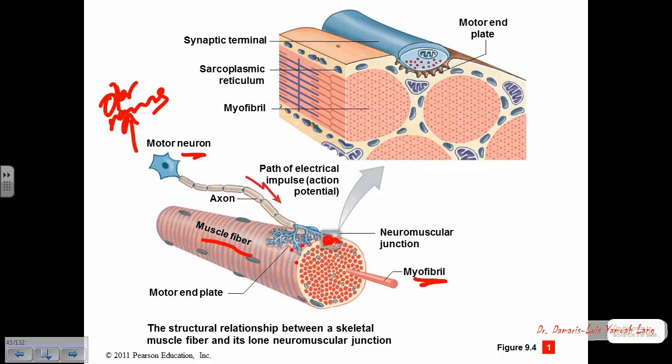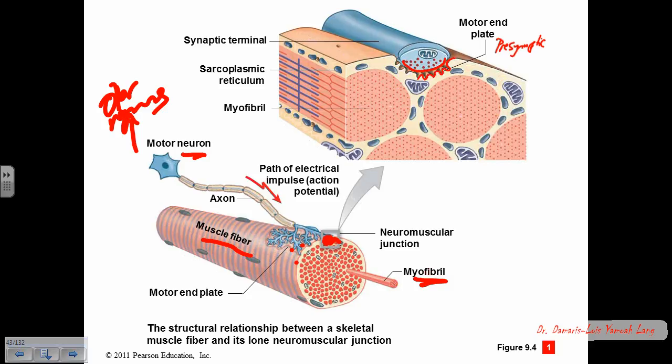So this is the membrane of what? The neuron. Are you all getting this? Some books will call it the presynaptic. And then this is what? The membrane of what? The muscle. Are you all getting this?